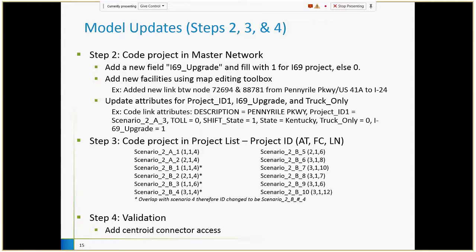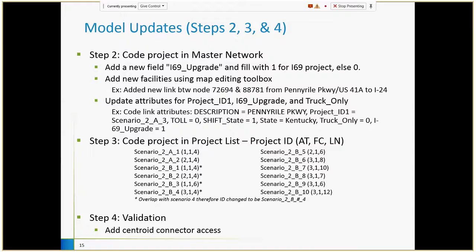So one thing we did in this scenario is add a new field to the master network called I69_upgrade. This is not required for the model run. It was just added so that we can easily select those links that are to be upgraded.